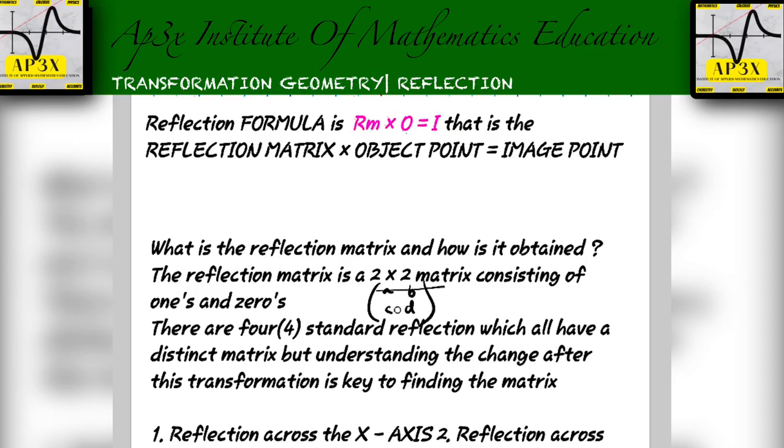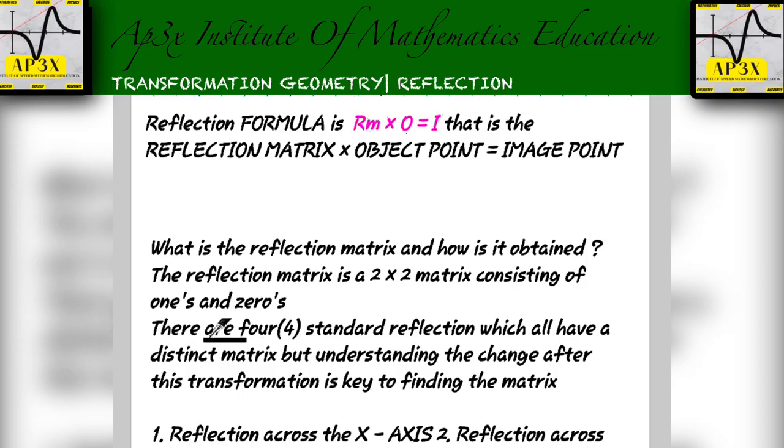So it has 2 rows, row 1, row 2, and 2 columns, column 1, column 2. It's specifically made up of combinations of ones and zeros. So you might have a matrix that says 1 0 0 1, or -1 0 0 -1, or 1 0 0 -1, or you might have 0 -1 -1 0. It really depends on what you are doing.